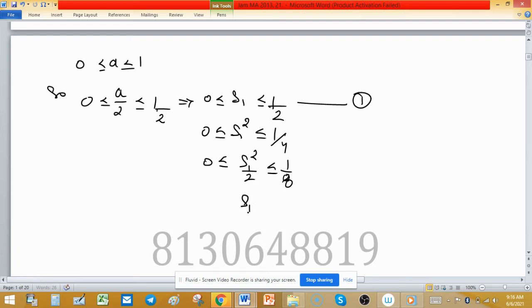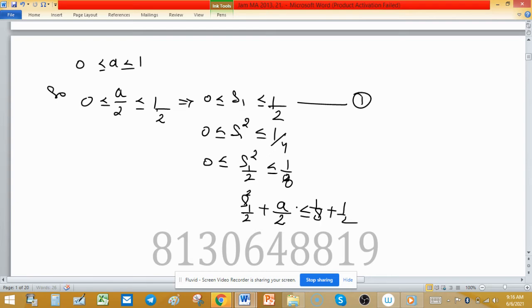So S1 by 2 plus a square, you can take a by 2 is less than or equal to 1 upon 8 plus half.